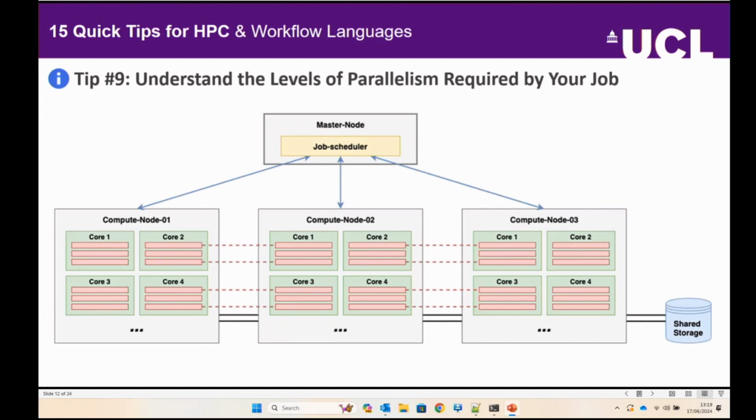Tip 9, understand the levels of parallelism required by your job. So essentially, that's the level of granularity, coarse level or very fine level granularity, of parallelizing jobs. And that really depends on the programs that you're calling within your pipeline.